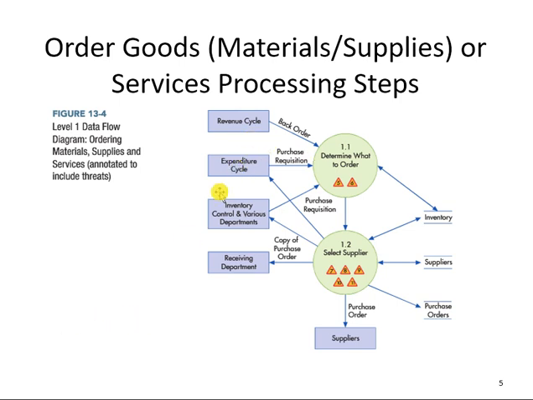As this figure shows, for this company, and actually for most companies, inventory control is mainly responsible for initiating the purchase requisitions, which makes sure that we have an adequate quantity of materials and supplies.